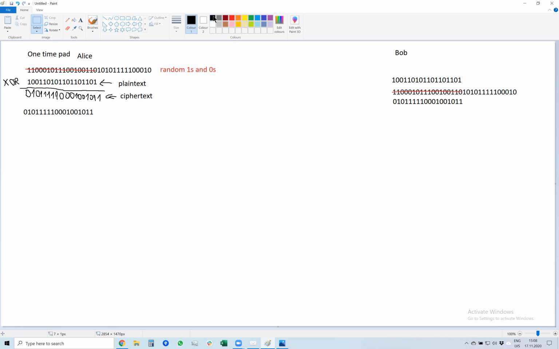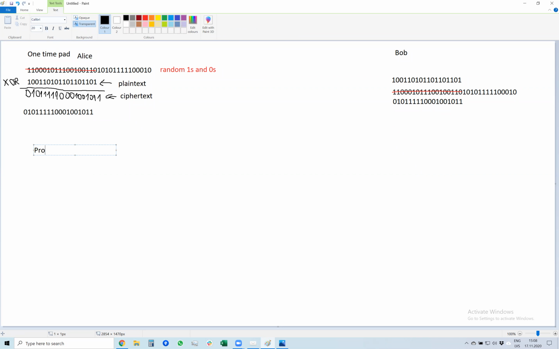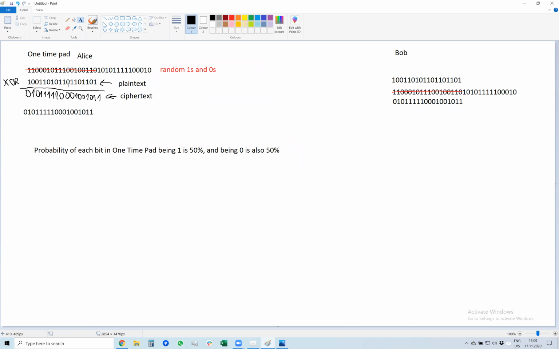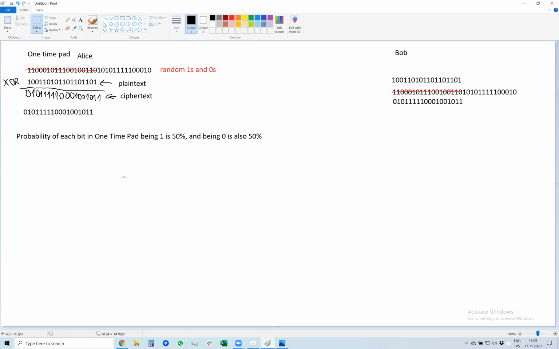So I'll just write it down. Probability of each bit in the one-time pad being 1 is 50%, and being 0 is also 50%. Okay. So that means random.